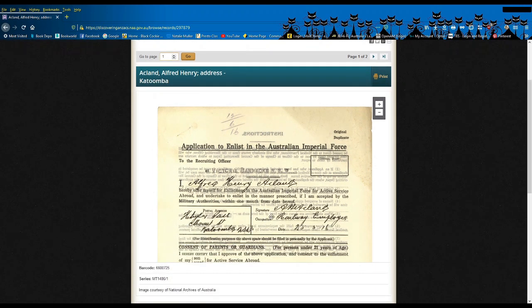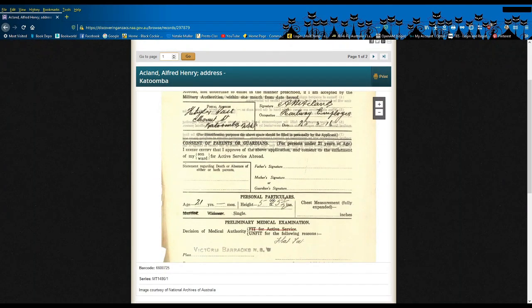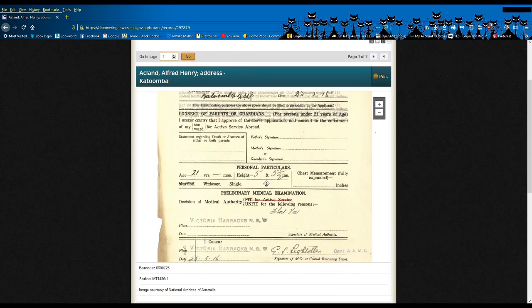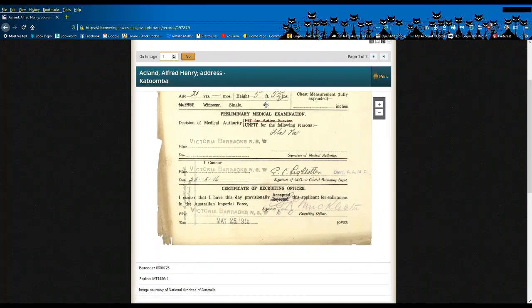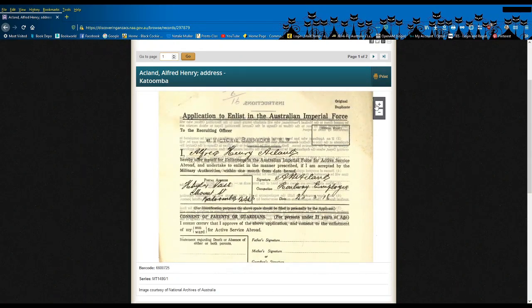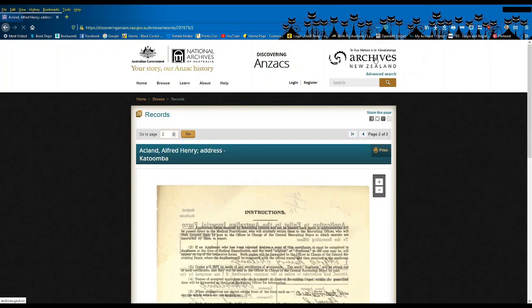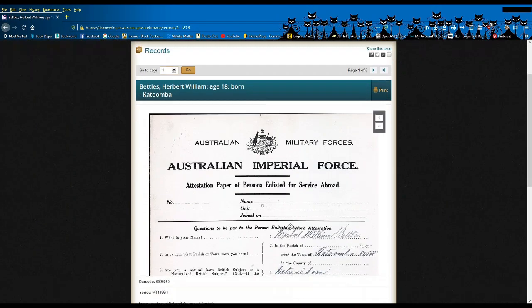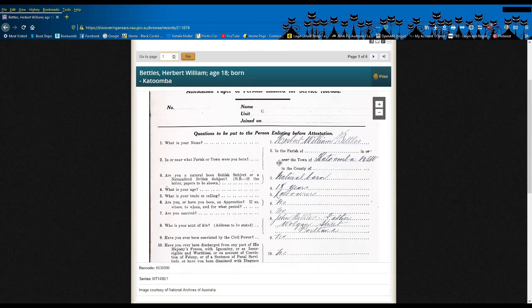This one is another one where you only have a little bit. He's a shorty, he's 5'5", and he was knocked back also as unfit because he had flat feet. So he's also very short, so looking at the times you can see where they're starting to get a bit desperate and sort of scraping the bottom of the barrel.